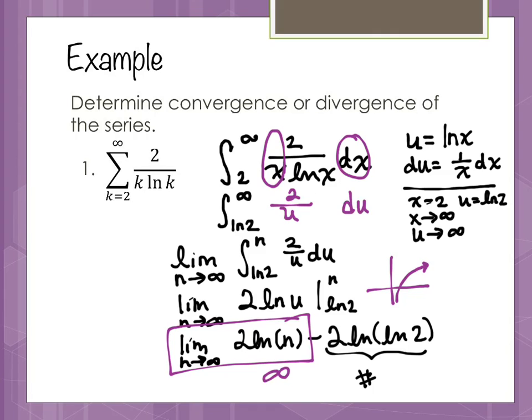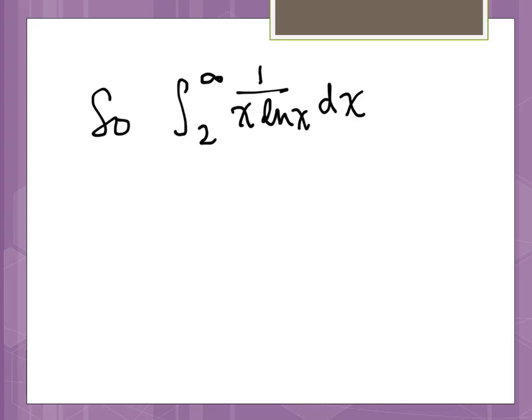So when I take infinity and subtract away a number, which is essentially what this says, what is that? It's still infinity, right? I've taken something infinite and subtracted away a finite amount. Well, this is infinity. So this integral from 2 to infinity of 1 over x natural log of x dx diverges.